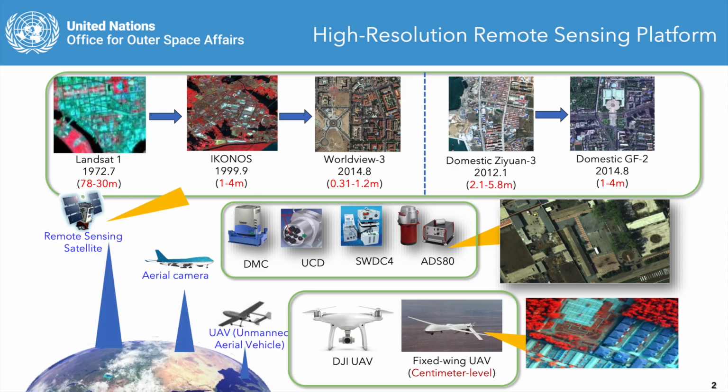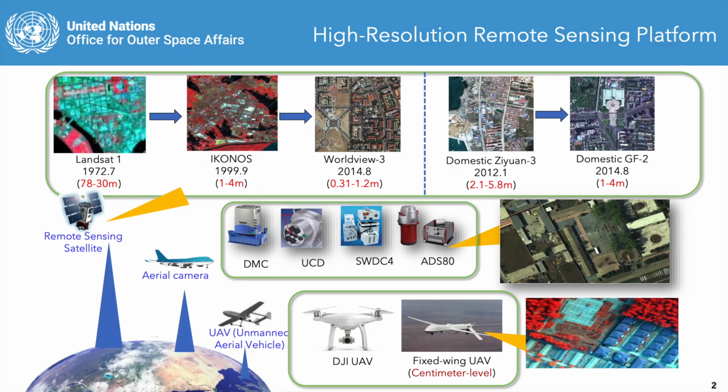Remote sensing observations can be acquired from spaceborne satellites, aerial cameras, and UAV platforms. Over the past decades, the spatial resolution of satellite imagery has improved greatly, from Landsat imagery with tens of meters resolution to IKONOS, WorldView, ZY-3, and Gaofen imagery with meter or even sub-meter level resolution.